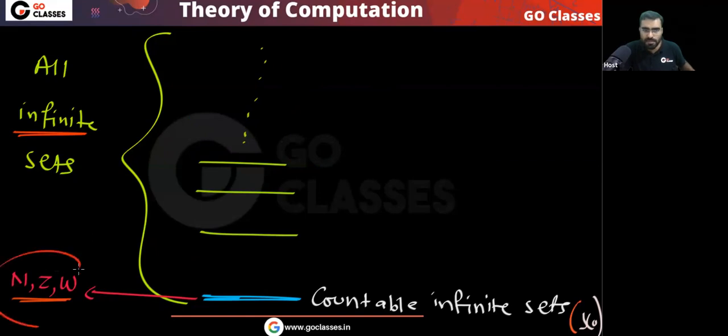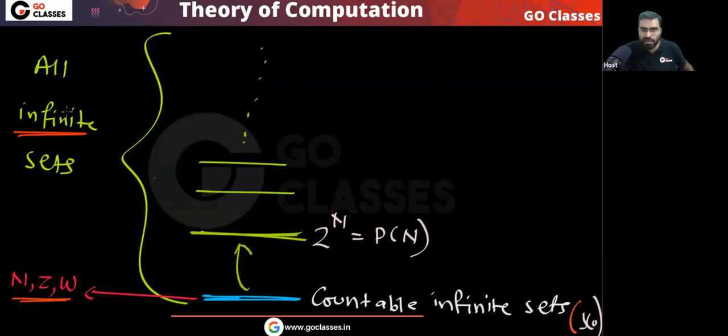For example, at the lowest level you have sets like the set of natural numbers, set of integers, set of whole numbers. All of these are on the lowest level, but there are other levels also. Don't worry about the proof right now, but 2 power n means the power set of n.